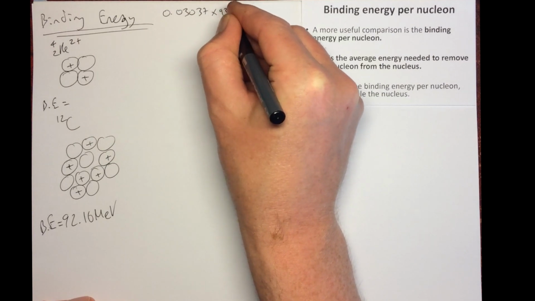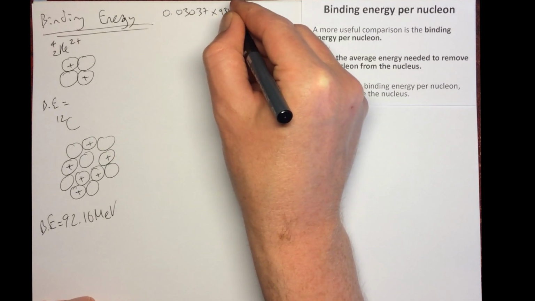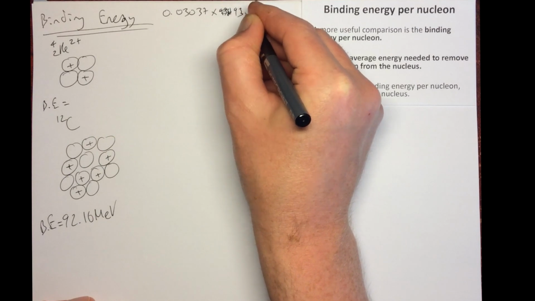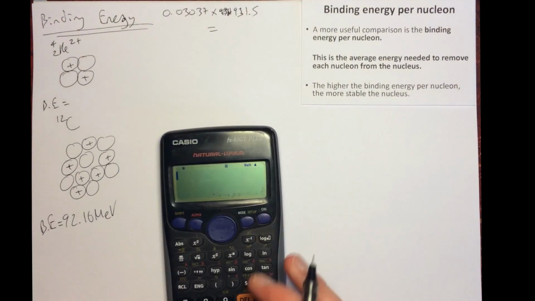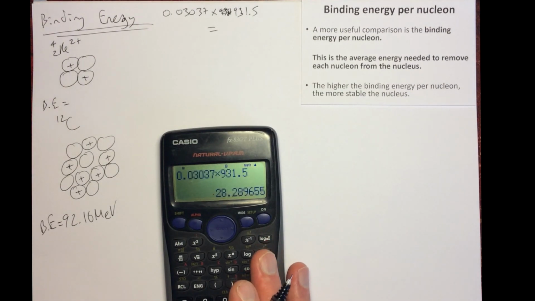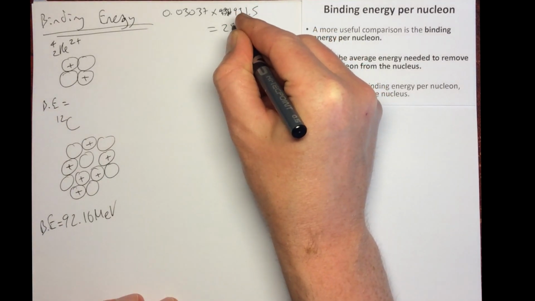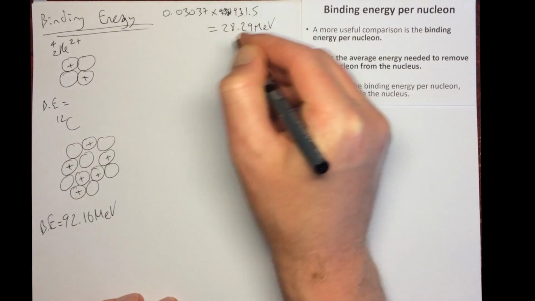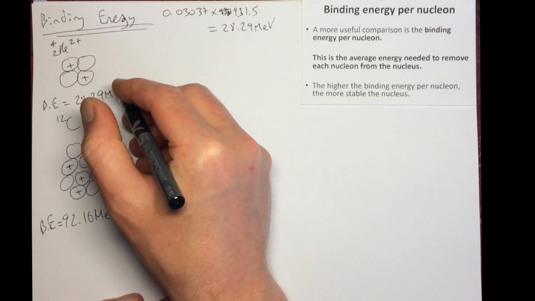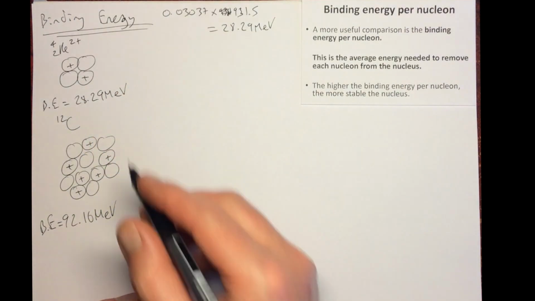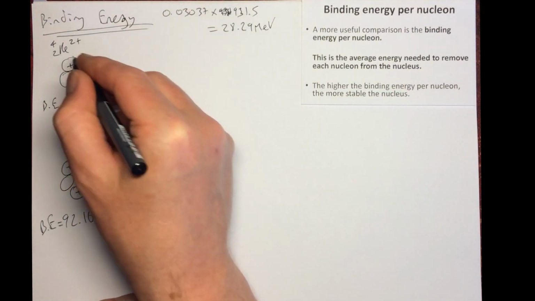So if we multiply that by 931.5, then we can work out its binding energy. 0.03037 multiplied by 931.5 gives you 28.29 mega electron volts. So we know that the binding energy of helium-4 is 28.29 mega electron volts. So carbon-12 has a bigger binding energy than the helium.